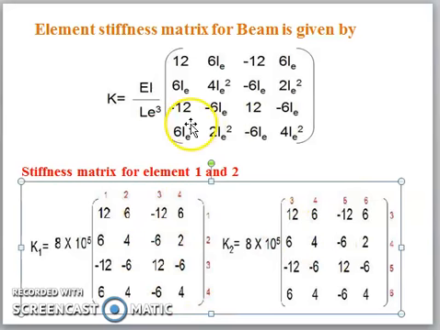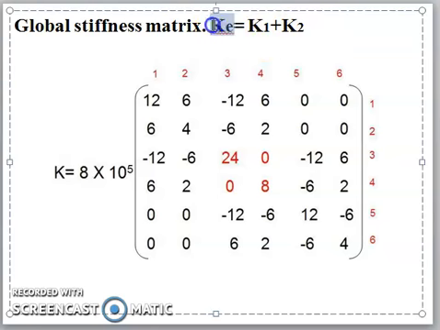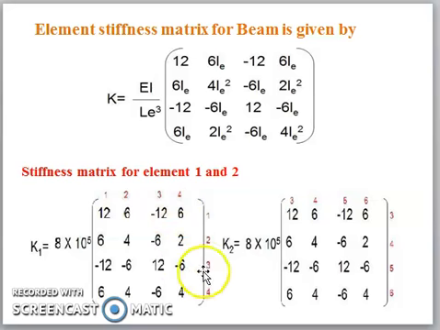Now the third step, the global stiffness matrix. The global stiffness matrix is the summation K equal to K1 plus K2, where K1 is the element stiffness matrix for element 1 and K2 is the element stiffness matrix for element 2. Using the same procedure of addition, at position 3 by 3 we get 12 plus 12, which becomes 24.